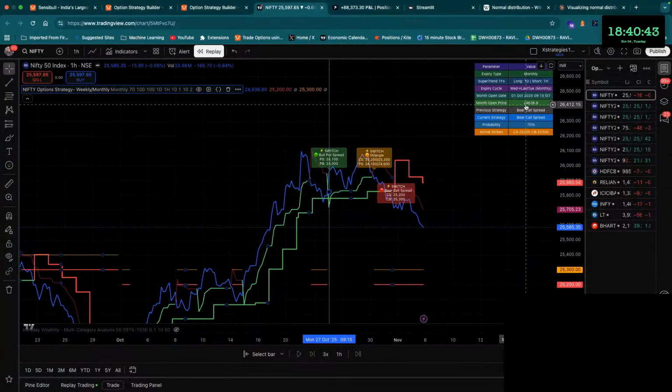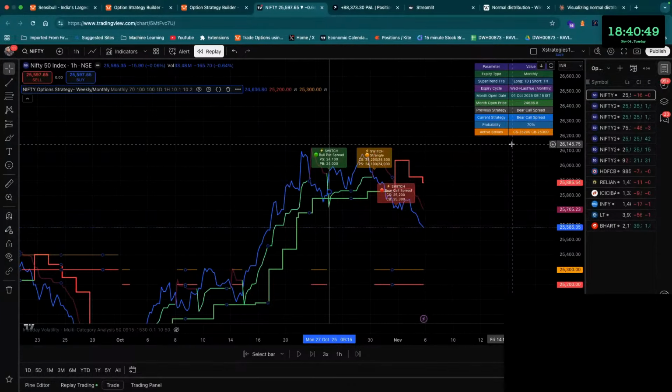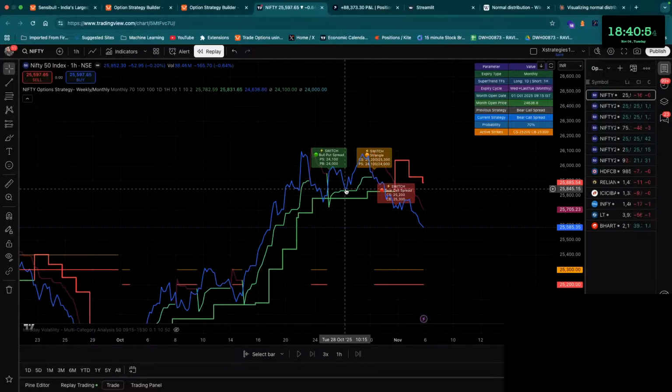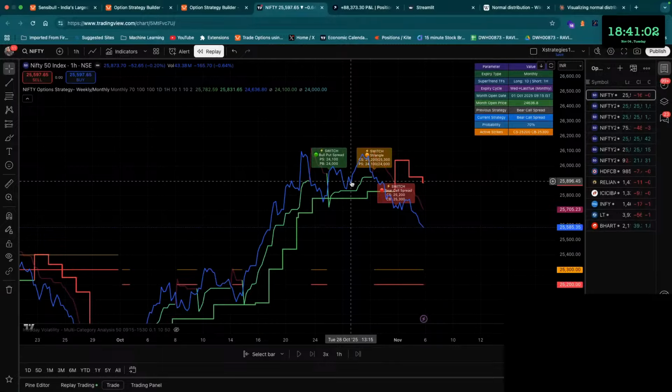Okay, oh no, I think this is right. But the monthly open price is showing, it actually takes from here to here. What was the expiry date? Any of you remember? Monthly. The 28th, right? So this one, expiry 25. Okay, I think there is some bug.